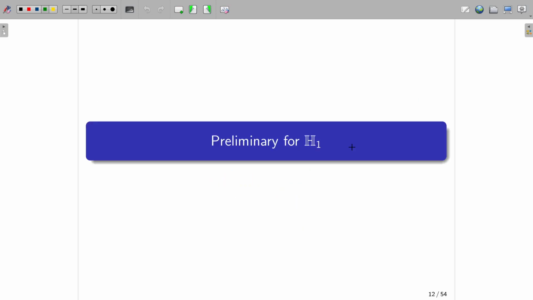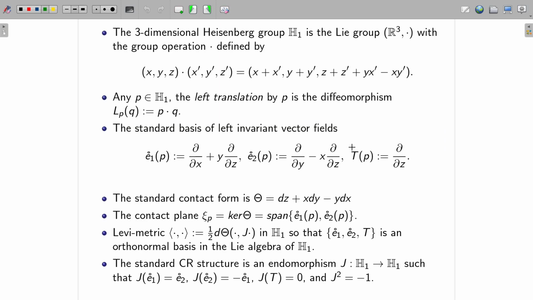So let's recall some preliminaries for the three-dimensional Heisenberg group H1. The three-dimensional Heisenberg group is a Lie group R3 with a group operation defined as follows. The first two components of the points in R3, you just add them together directly.